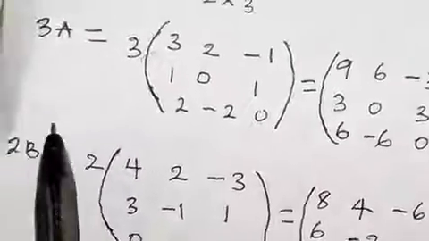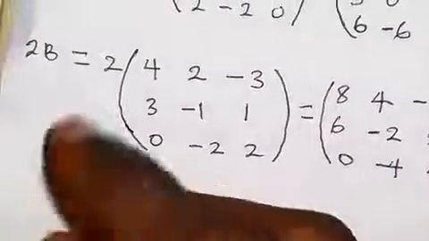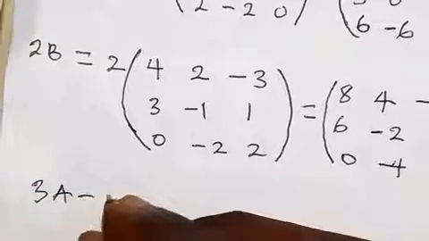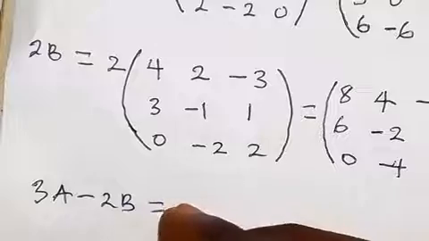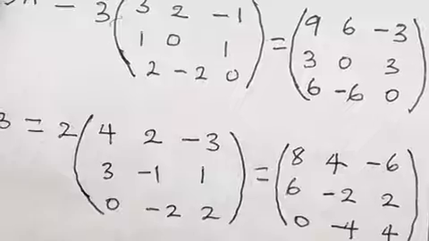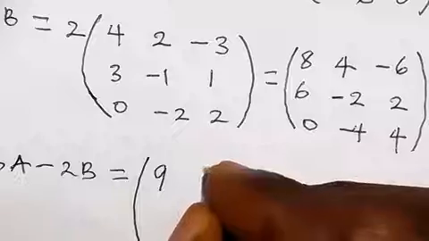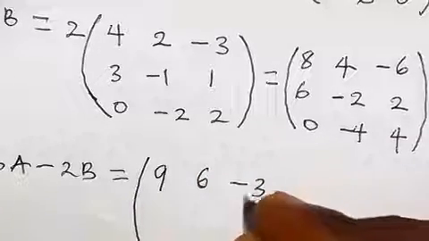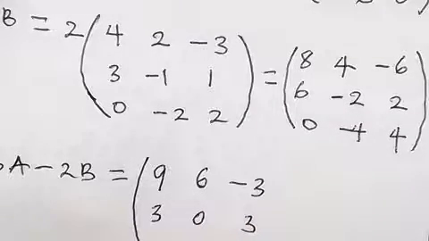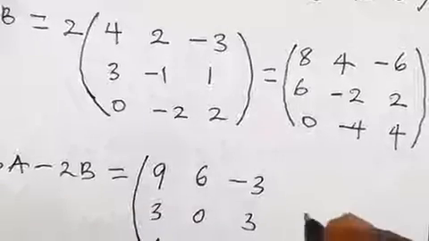So we have 3A and 2B. This is the result here. Then we can say that what we are finding, which is 3A minus 2B, will be, when we subtract, 3A as the matrix 9, 6, minus 3, then we have 3, 0, 3, and we have 6, minus 6, 0.